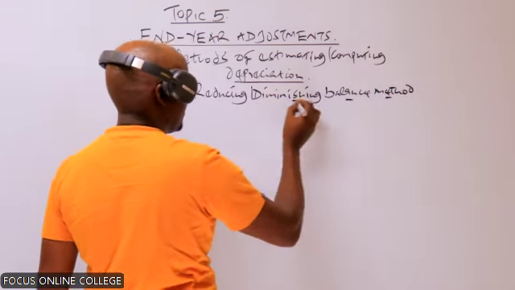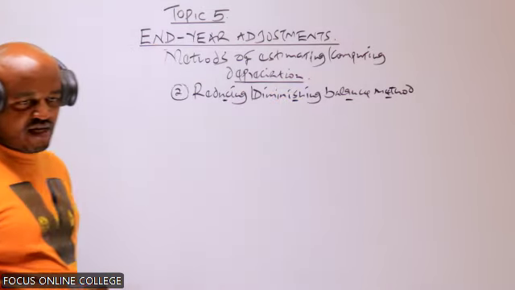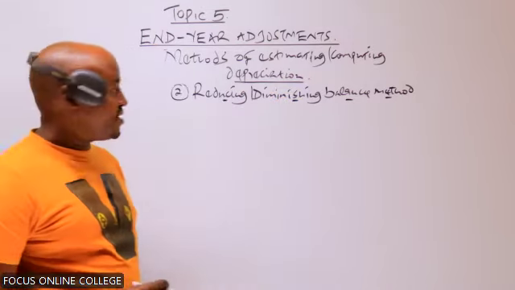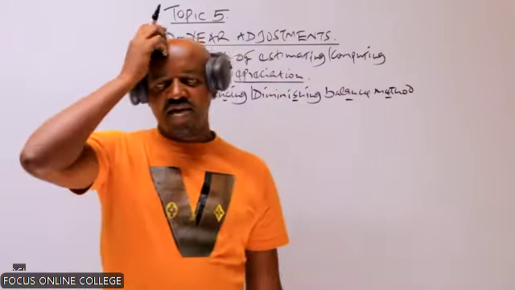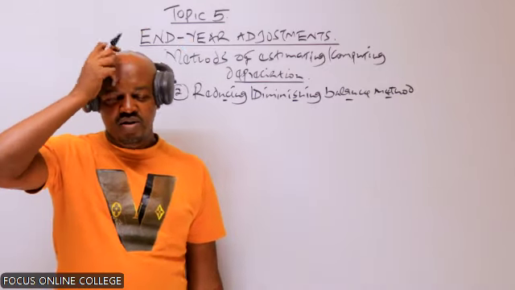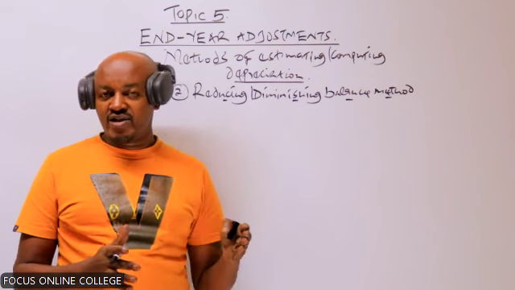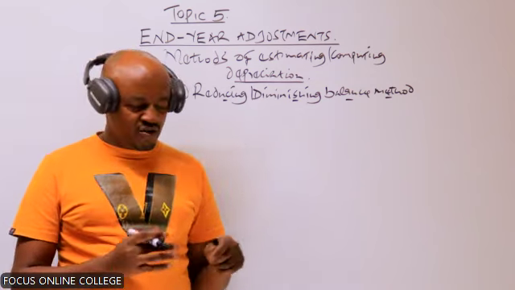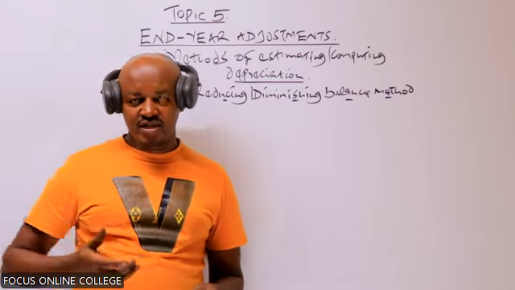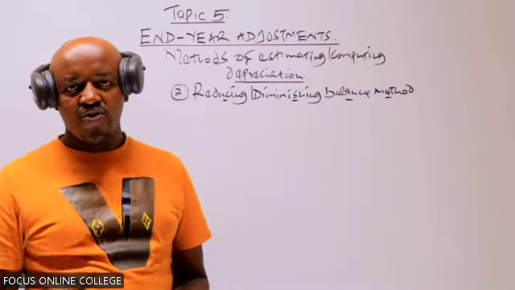Now, under this particular method, the diminishing, or basically the reducing balance method, it is assumed that the asset loses more value in the first years of use, because generally, if you buy a new asset, that asset is said to be used more because it's new.